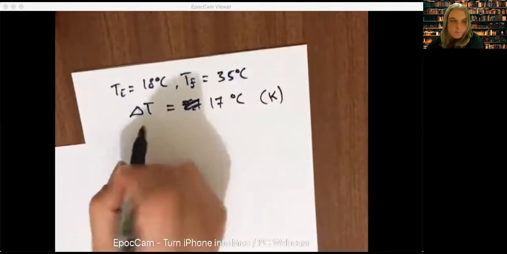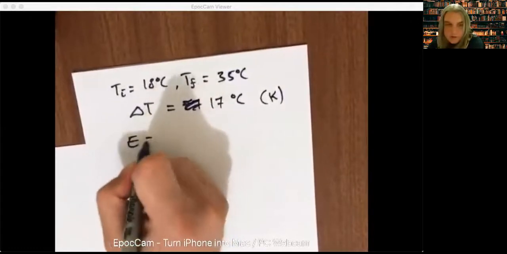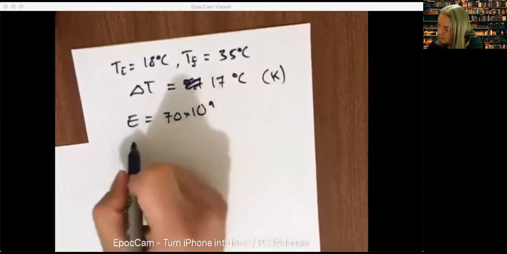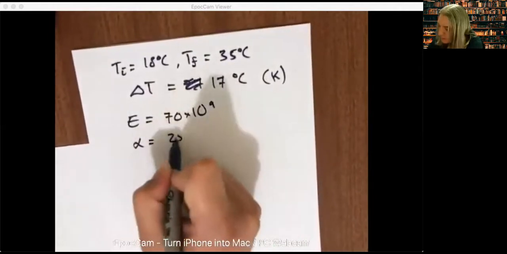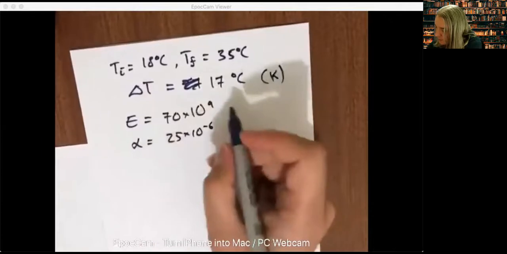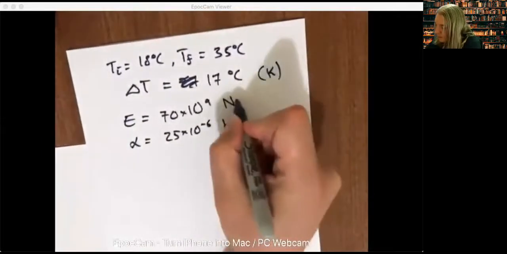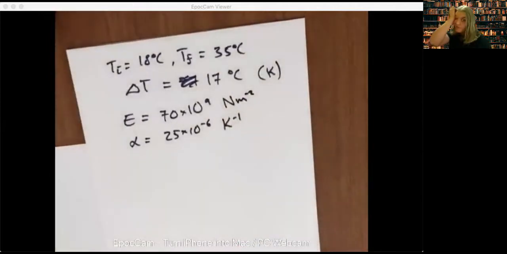We've been given Young's modulus is 70 times 10 to the 9 newtons per square meter, and we've been given alpha is 25 times 10 to the minus 6 per Kelvin. Right, so we've been given all of that information, and we just have to now plug it into our formula.